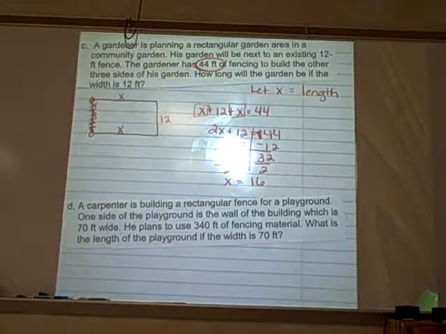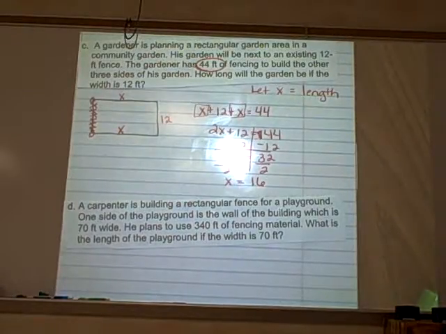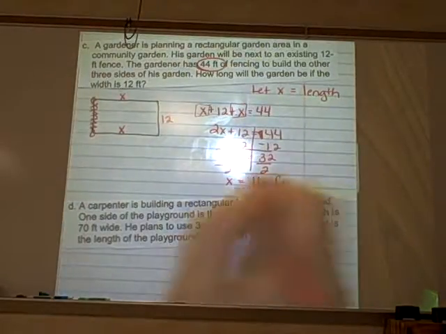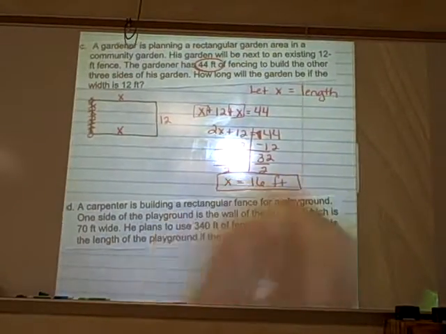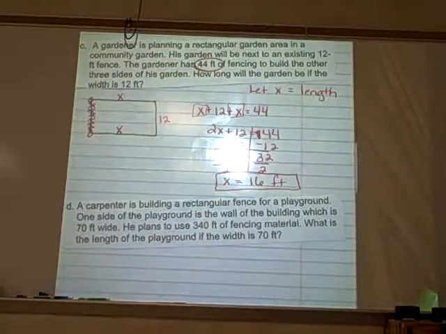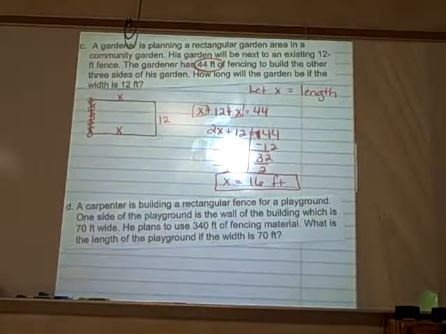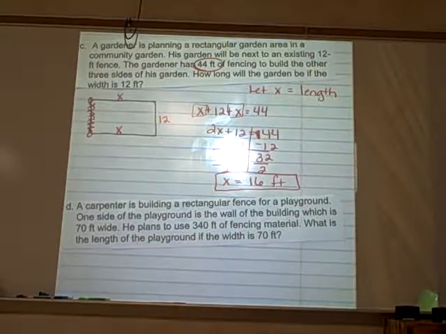When I got 16 there, what is that? 16 feet. So make sure you always label it, because there are lots of tests that like to try to trick you, and they'll put 16 inches as one answer and 16 feet as another, and they want you to understand which one it is. So don't fall for silly tricks like that.